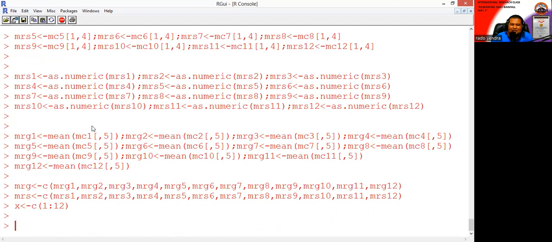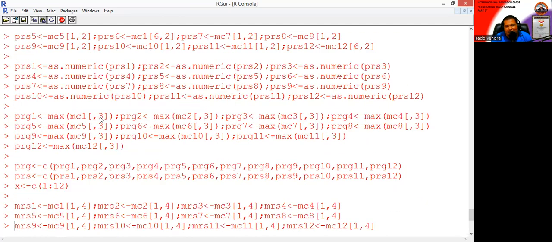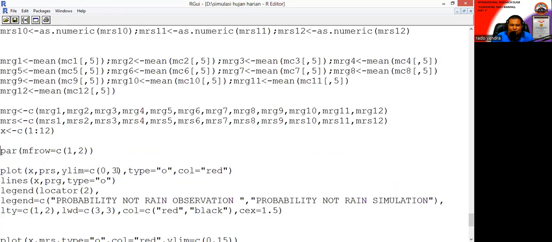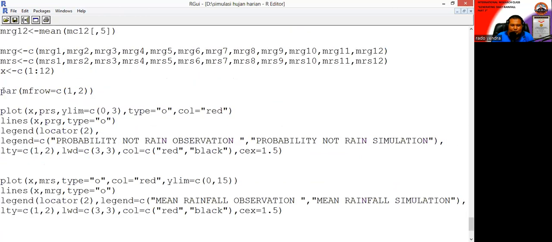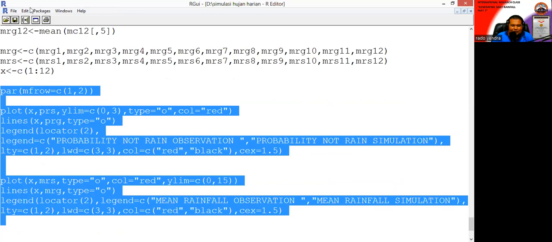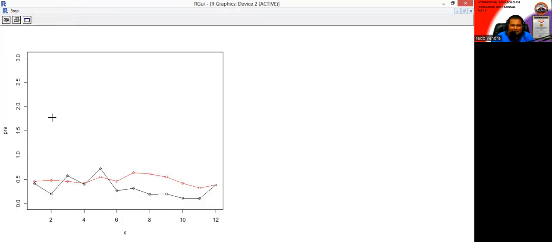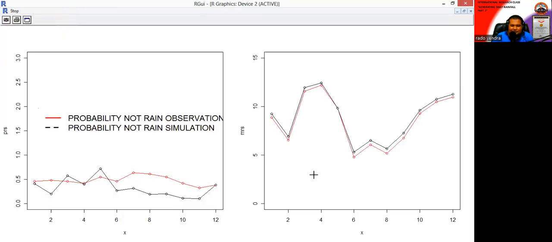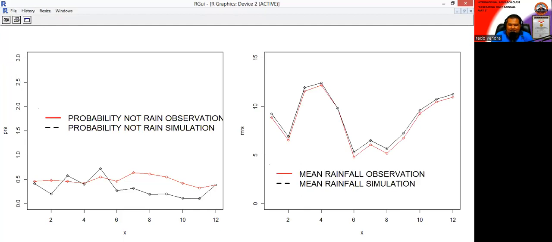So after we have all that we need to produce the graph, we run our program to produce the graph. Okay, you can check our graph here. We have two graphs.